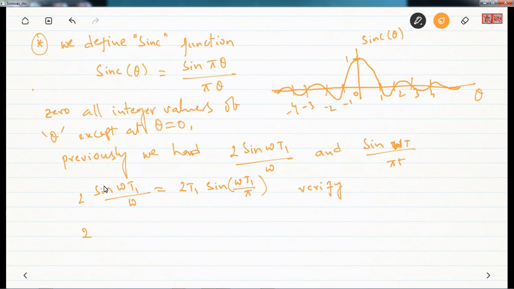And similarly we can write sin(W t) by pi t as (W by pi) sinc(W t by pi).